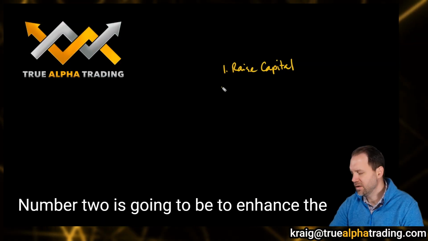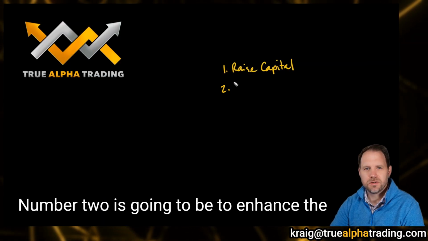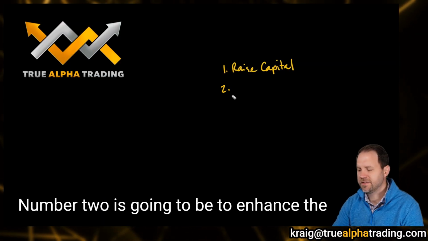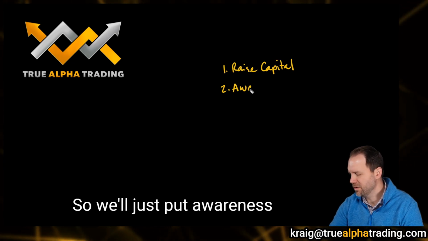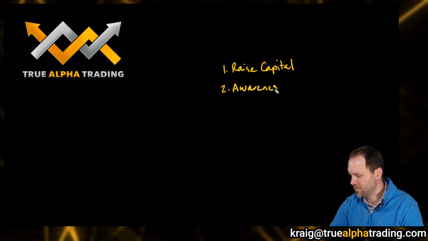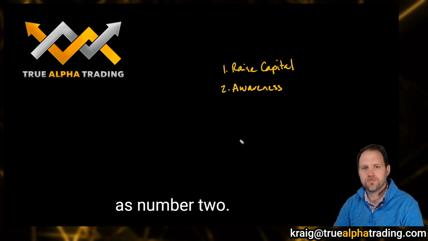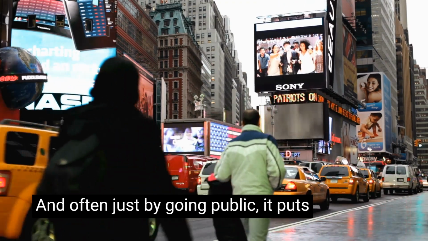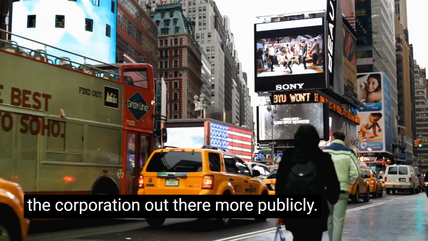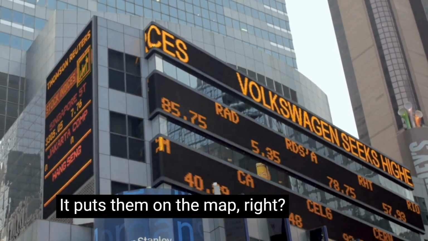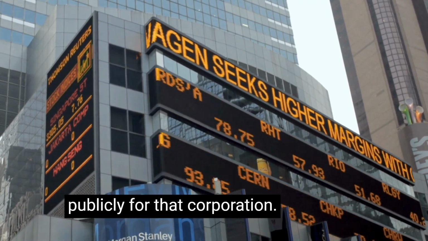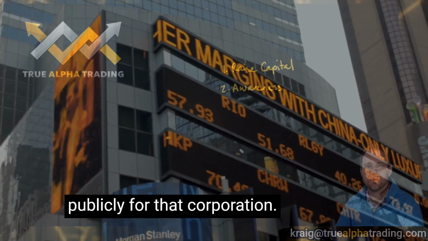Number two is to enhance the visibility or awareness of the corporation. Often just by going public, it puts the corporation out there more publicly. It puts them on the map, right? So just to create more awareness publicly for that corporation.